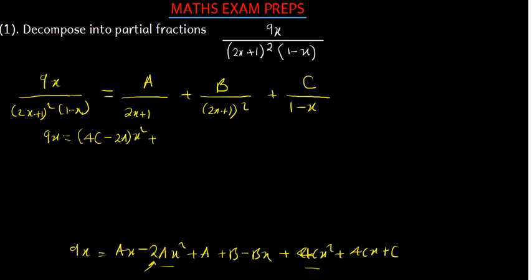Then plus, those with only x: we've got A, negative B, and positive 4C, then I put x outside. Then we go to constants: plus A, and then B, and then C.